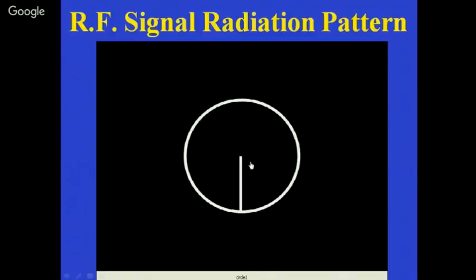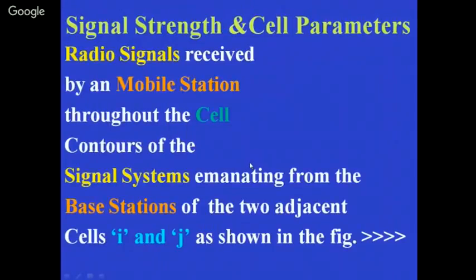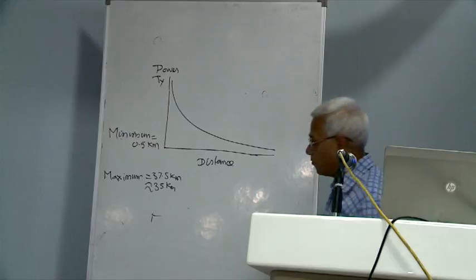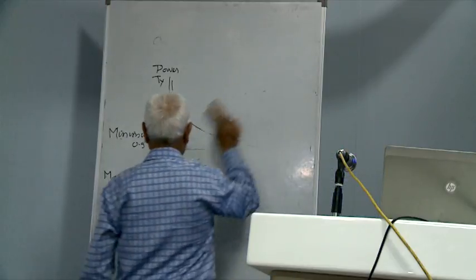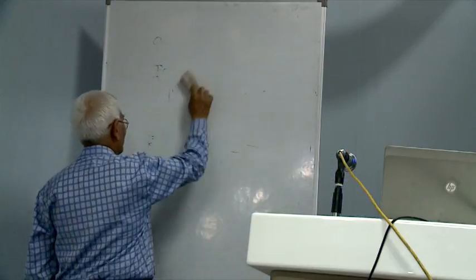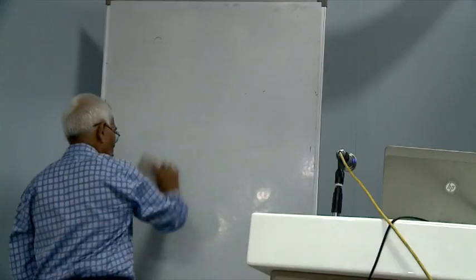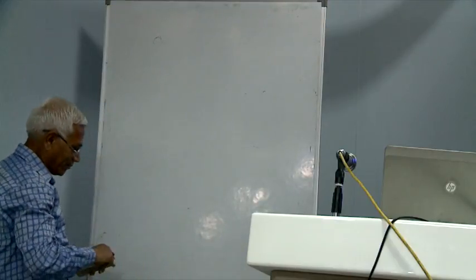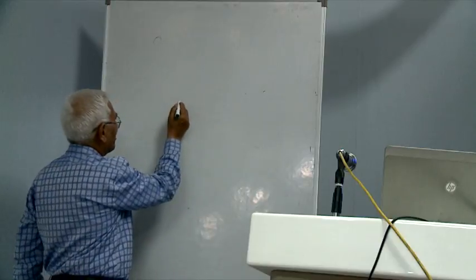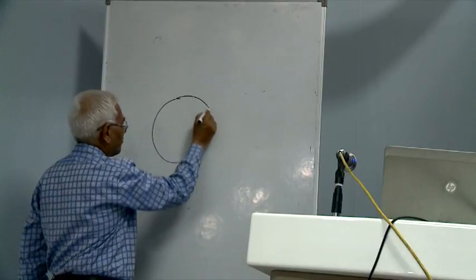They all are animations. So far we have talked only about one cell. If we take two cells, what will happen? Whatever discussion I have done here is based on a single cell.